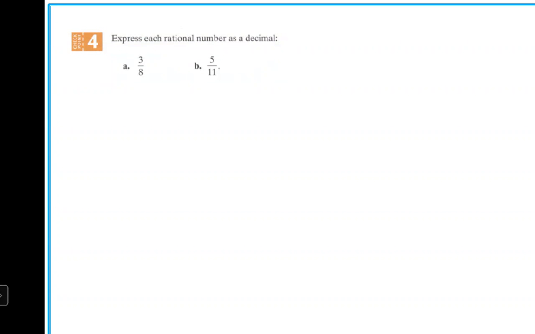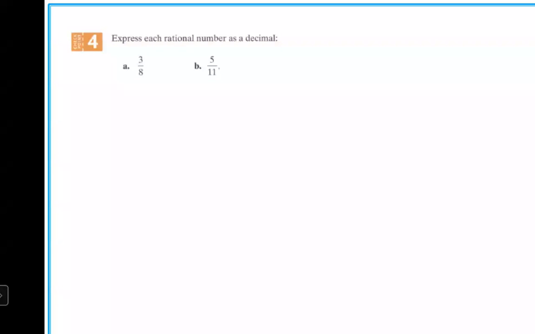Okay, Ms. Pratt, what do you have for the first one? I see 2.6 and the repeat. Could you repeat that? I didn't hear you. 3 over 8. Yeah, I want to change that to a decimal. So would it be 2.6 and the repeat symbol over the 6?